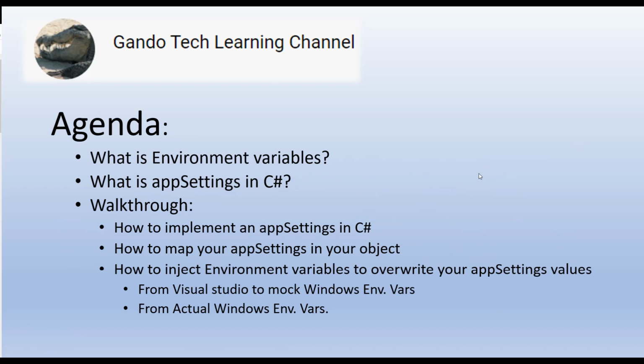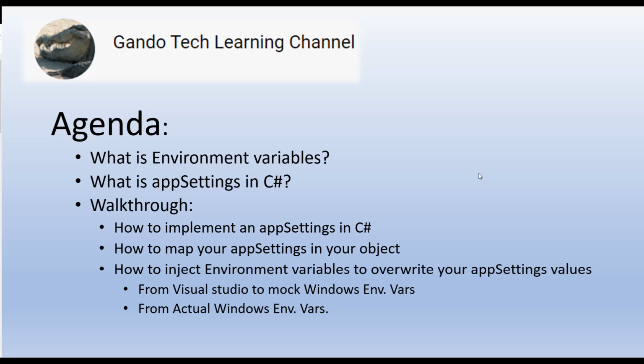And then we're going to have a walkthrough of how to implement app settings in C Sharp and how to map your app settings to an object, to have an appropriate object and easily access the values without continuing to touch the app settings, and also how to inject environment variables to overwrite your app setting values.